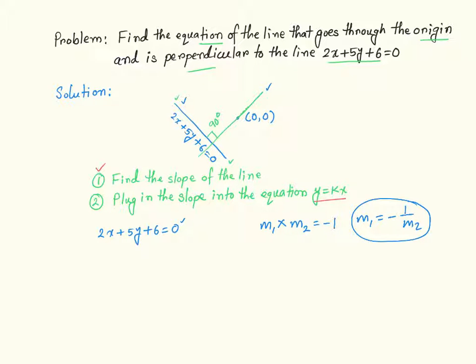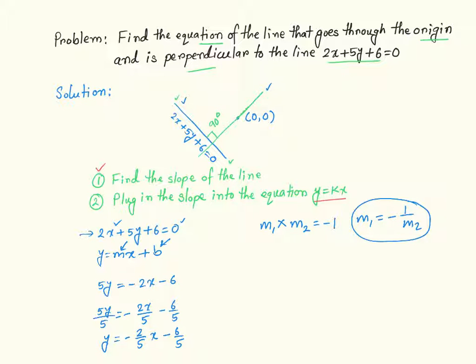Now, let's find the slope of this line by expressing it in the form y is equal to mx plus b. If we express this equation in this form, b is going to be the y-intercept and m is going to be the slope.